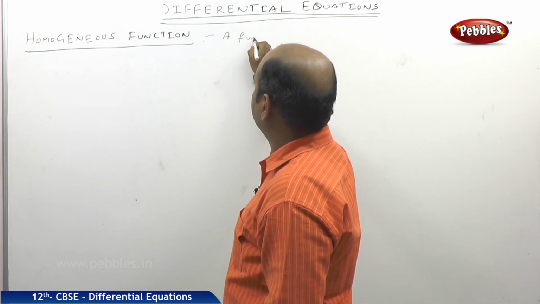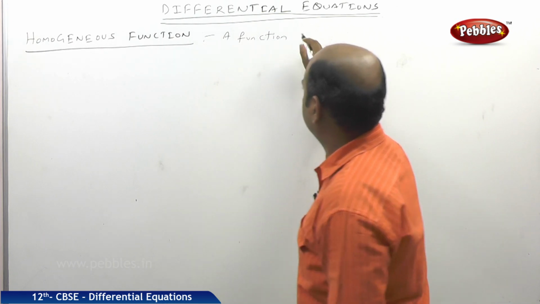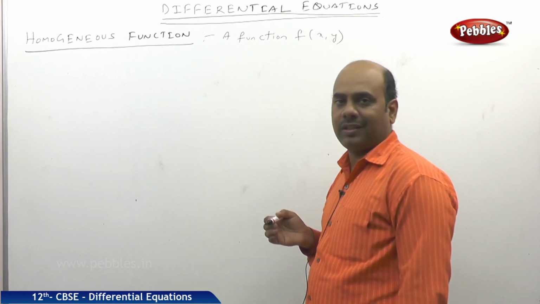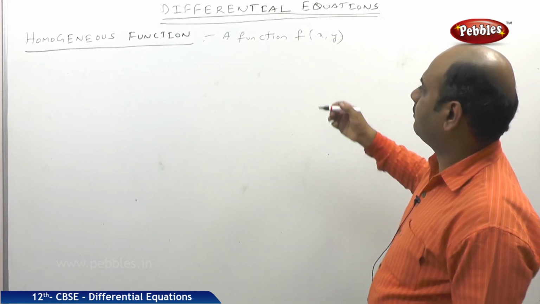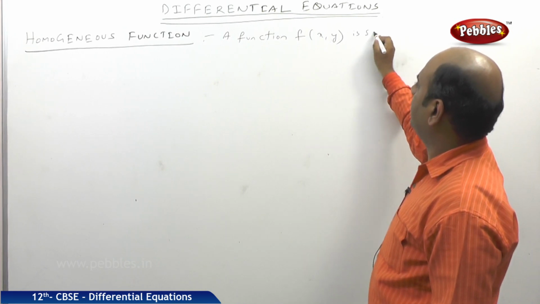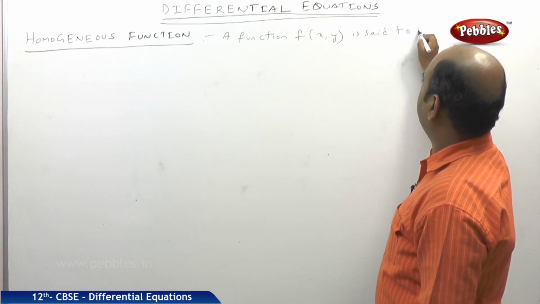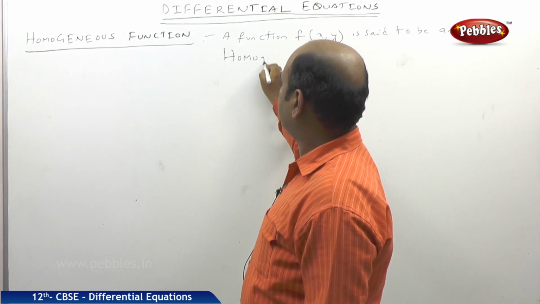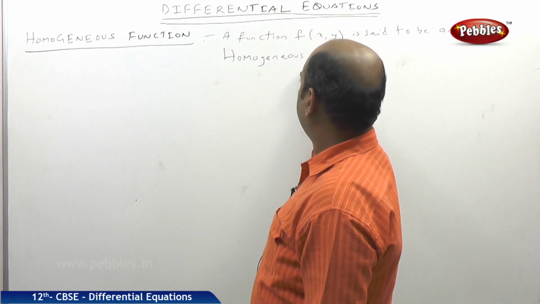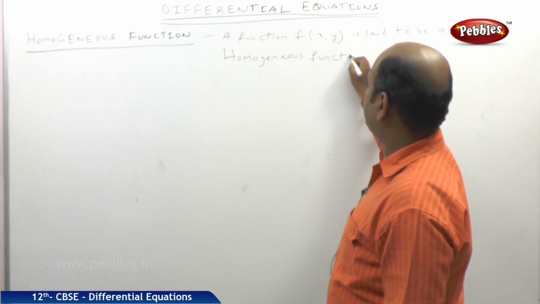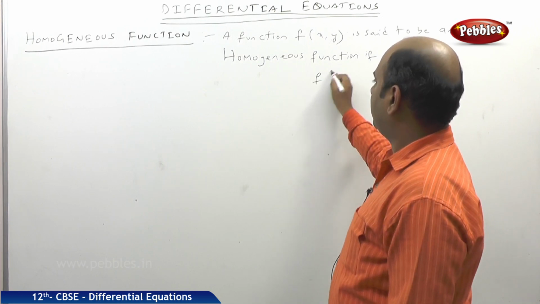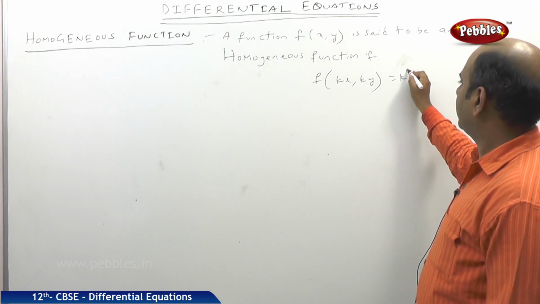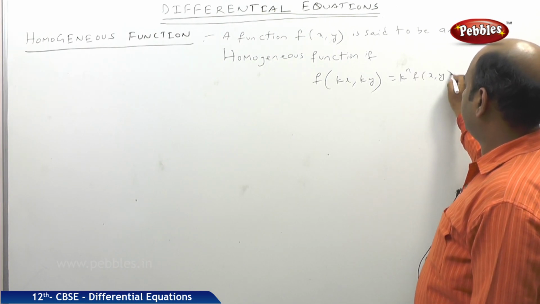A function f of x comma y, where x comma y means the function can be an implicit function, is said to be a homogeneous function if f of kx comma ky is equal to k power n into f of x comma y.